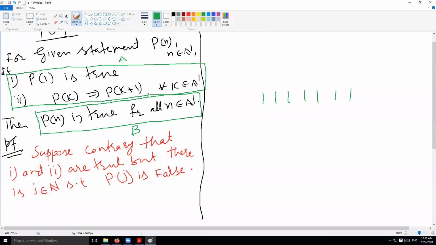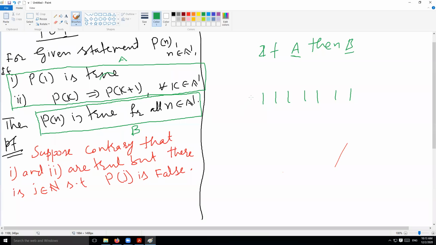If you write this statement in if-then form, you have if A then B. A is these two statements, that's the if part, your assumption, and B is the conclusion.